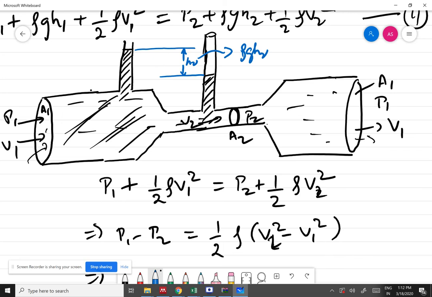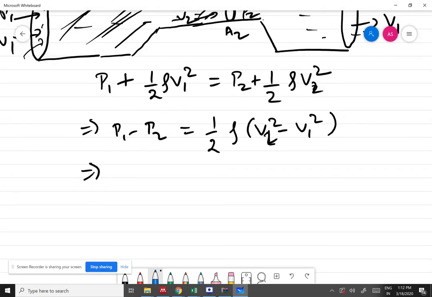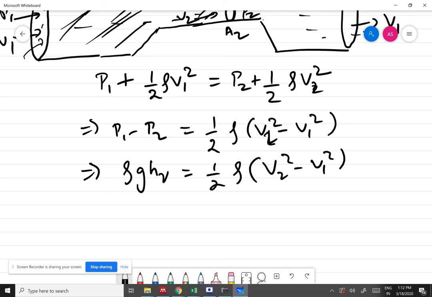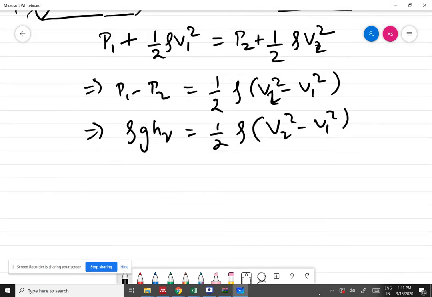So rho g hv is equal to P1 minus P2. Okay, so that is the equation which you can put in here. We'll make it rho g hv is equal to half rho V2 square minus V1 square. That implies V2 square minus V1 square is equal to 2g hv.